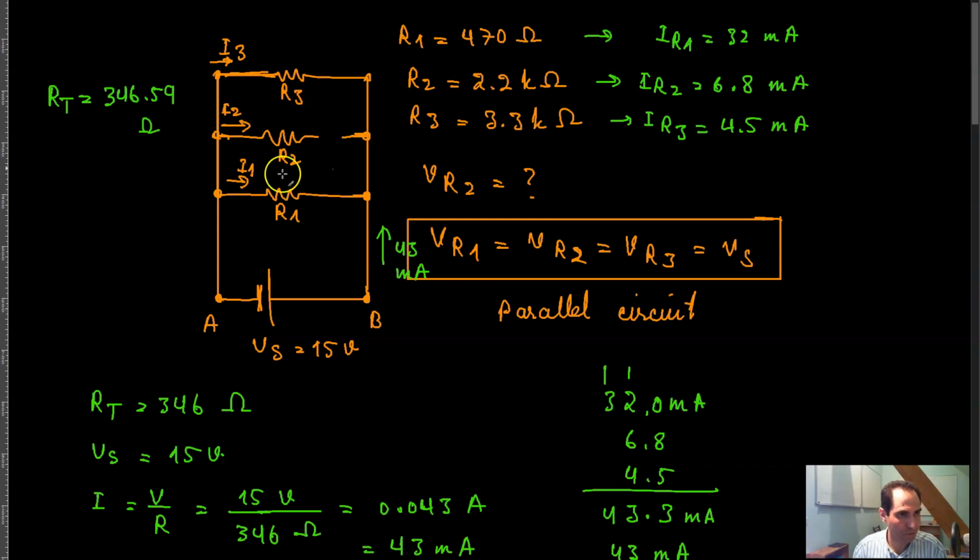If it were actually connected, of course 32 milliamps would be flowing through R1, 6.8 milliamps through R2, and 4.5 milliamps through R3. Now suppose that, for whatever reason, I cut this open. Resistor R2 is not in the circuit anymore. What sort of change would that have on the current going through resistors R1 or R3?